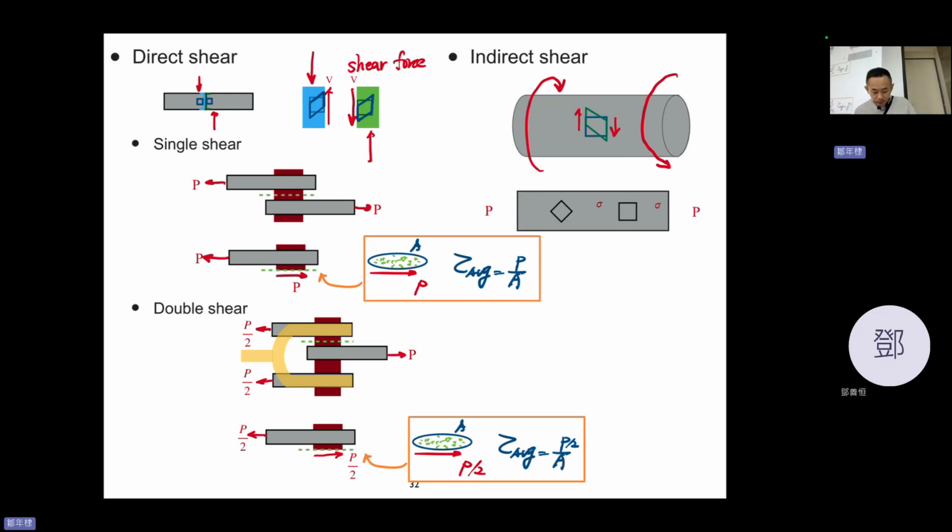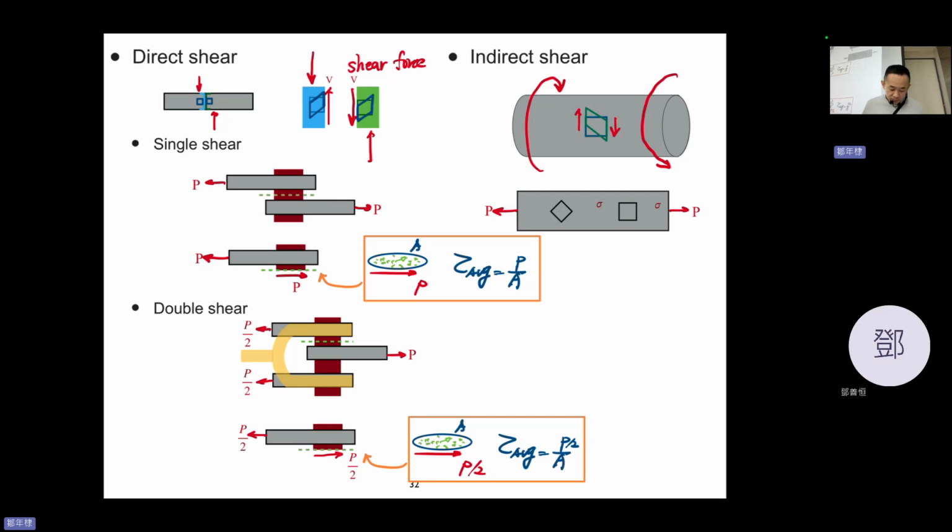Okay? Now, another indirect shear. What do you think? If the force, do you think your actual force P here will give shear stress? Do you think your P force will generate shear stress as well? Yes, it did.